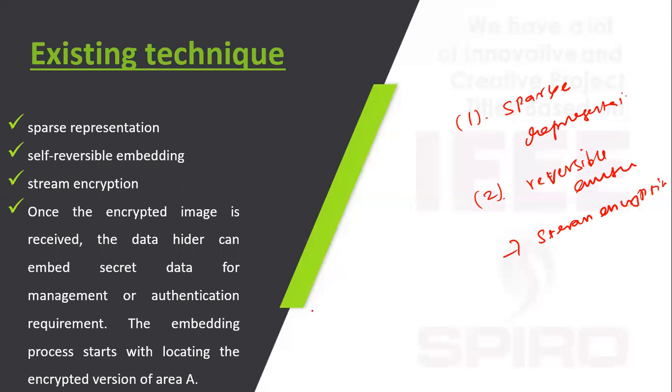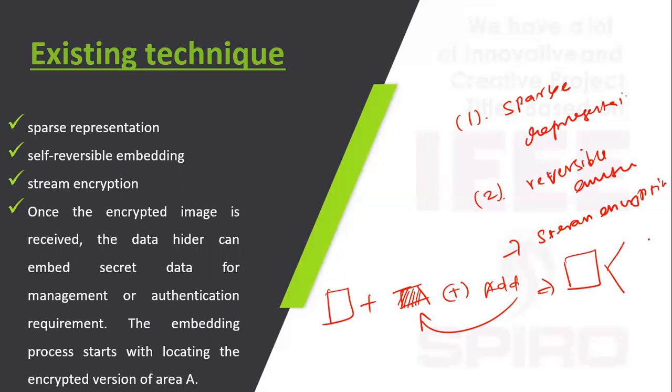So first of all, this is the image. Next, convert the image into the discrete form, and next add the text into the image. These are the processes in the existing system, and finally the text will be there. Select the text or the image with the help of stream encryption.